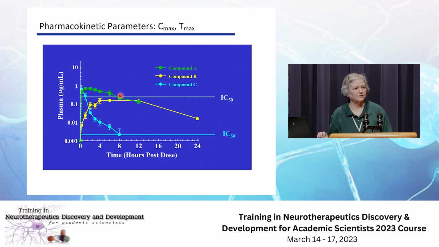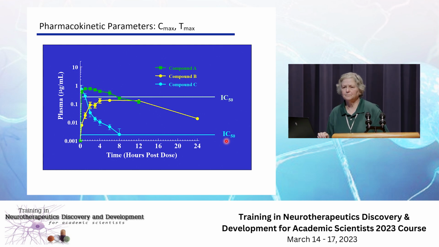I think we don't know the answer to that, but it's an interesting point that you theoretically would have higher exposure, but the higher exposure also could introduce more toxicity for this compound that has concentrations so far above the IC50. So think about how all these things integrate together.